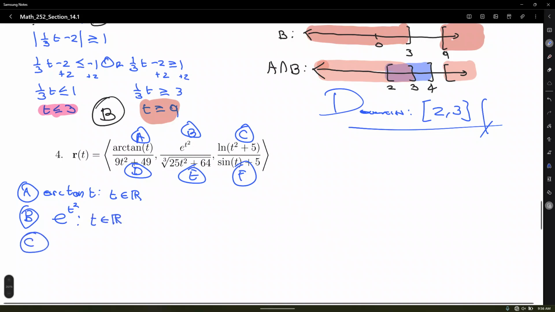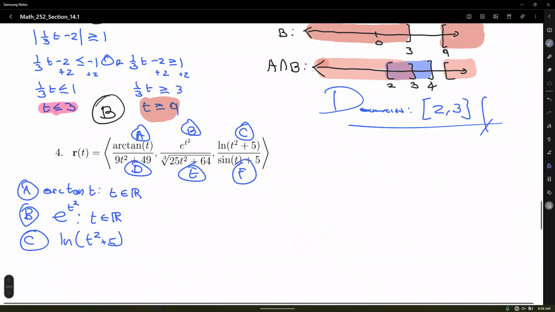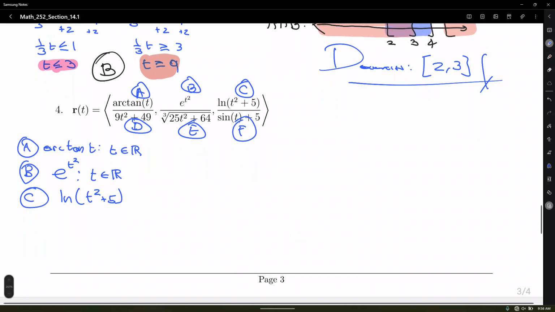Letter C. Okay, ln of t squared plus 5. What do we do with ln's? Don't we set the argument, t squared plus 5, greater than 0? Solve the inequality, all right? Let me move that 5 to the right hand side. That means t squared greater than negative 5.